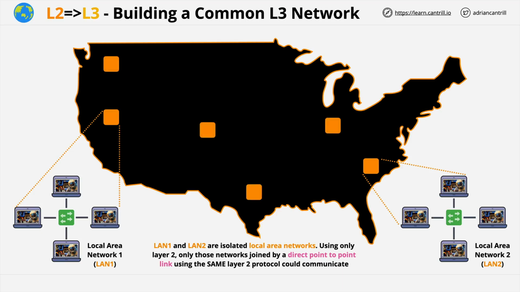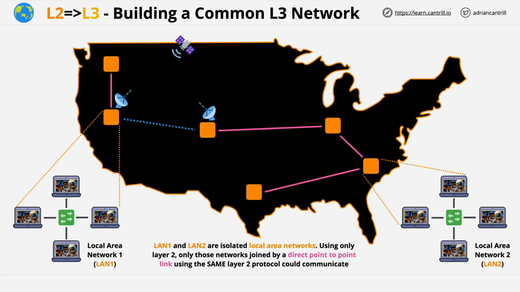Now, in between these locations, let's add some point-to-point links. So we've got links in pink which are cabled connections, and these go between these different locations. Now, we also might have point-to-point links which use a different layer 2 protocol. In this example, let's say that we had a satellite connection between 2 of these locations. This is in blue, and this is a different layer 2 technology.